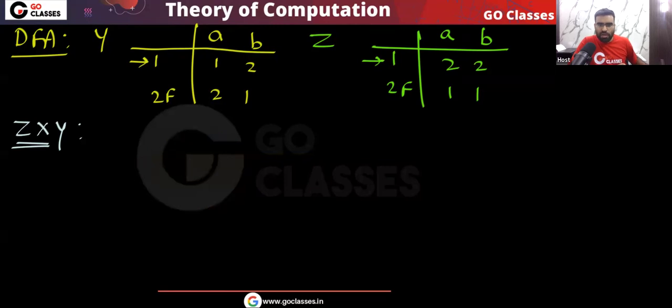If you remember in the lectures, we have seen the idea of product automata. See the idea of M1 cross M2, where M1 and M2 are DFAs. The idea is that both DFAs run simultaneously, in parallel.